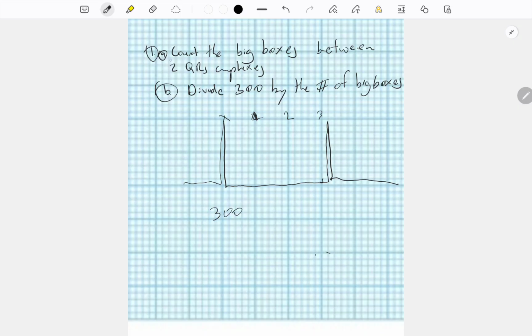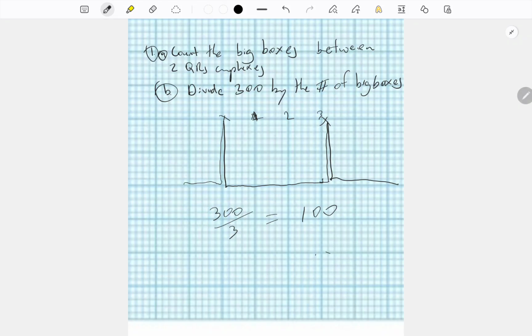So I did the first step, which is A. I count the number of big boxes between the QRS complexes, and I counted it to be 3, and now I'm gonna divide 300 by that number, which is 3. So the heart rate would be 100. So even though it's a little bit off, I could say the heart rate is approximately 100.